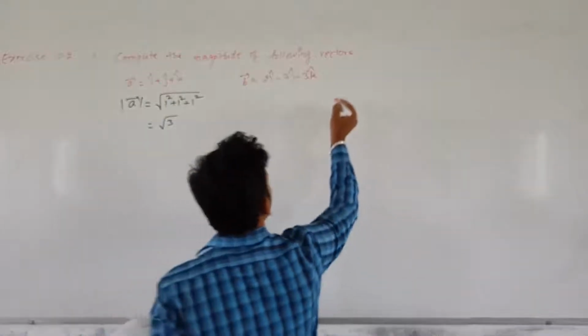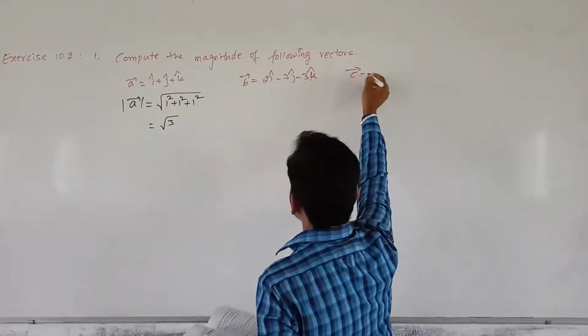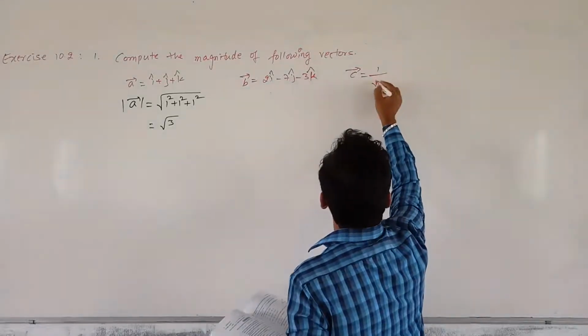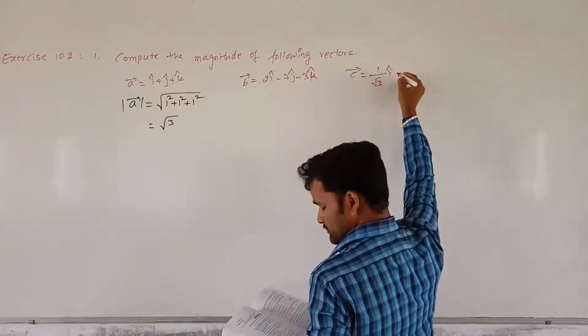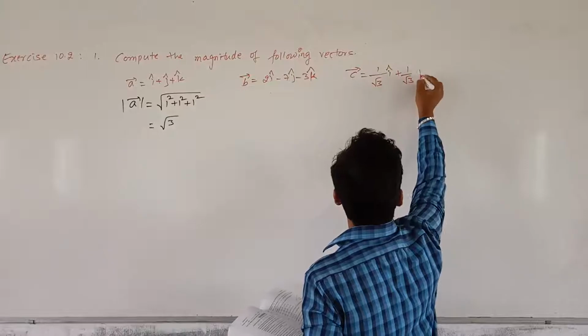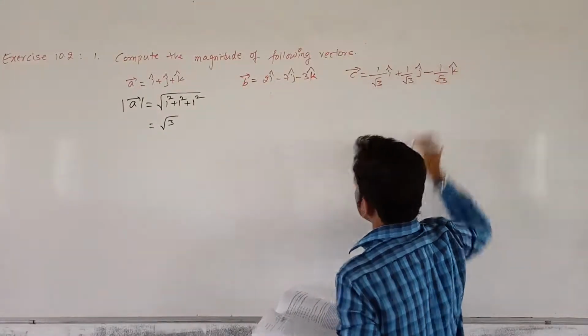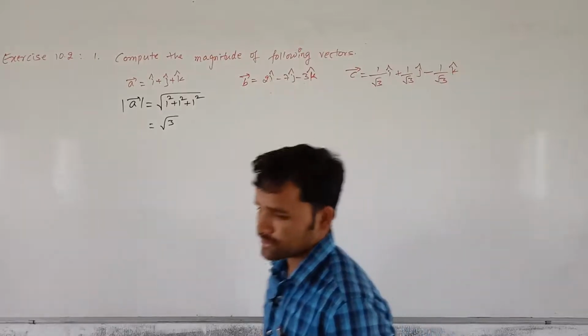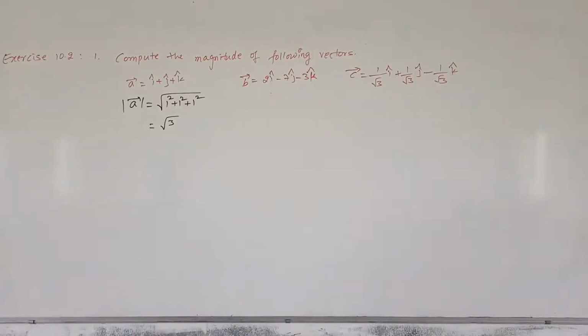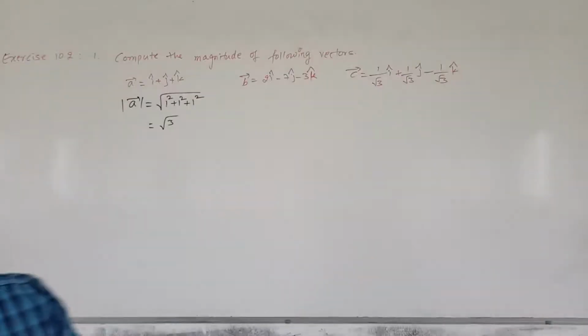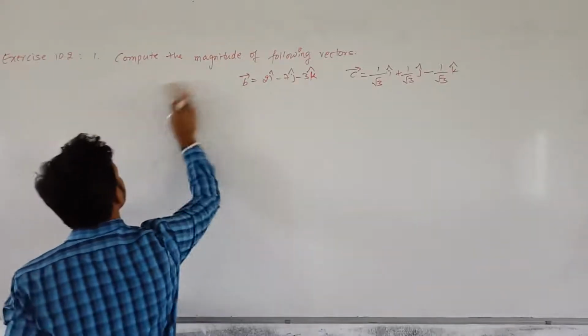Then vector C is equal to 1 by root 3 into i cap plus 1 by root 3 into j cap minus 1 by root 3 into k cap. You find out its magnitude also. I hope you will do this. I will move on to the next question, that is question number 2.